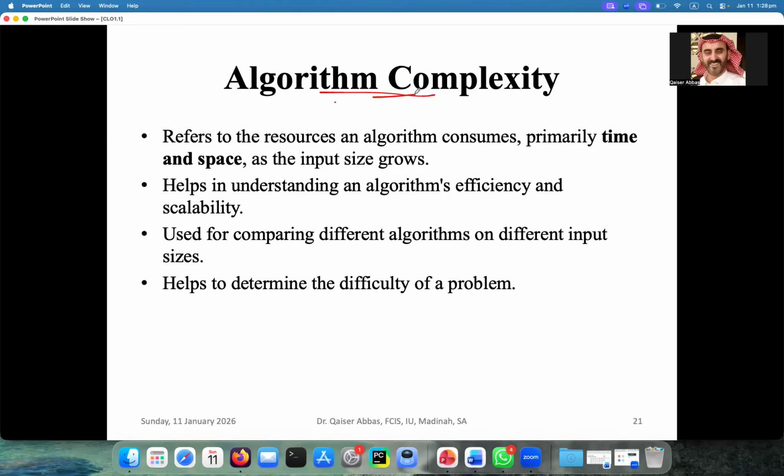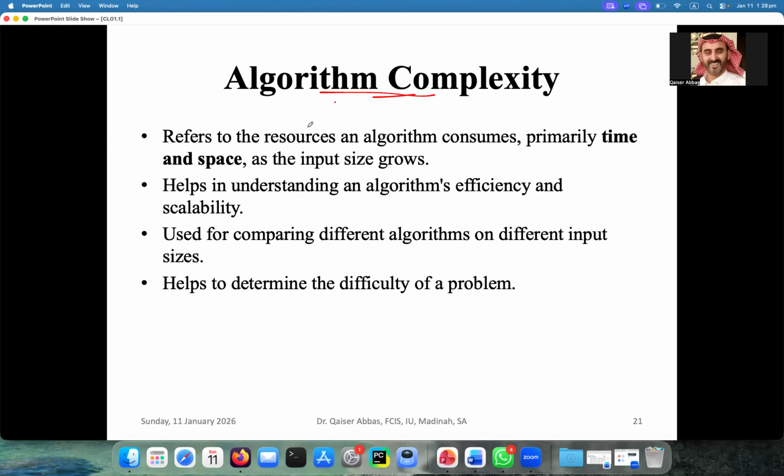For example, when you are considering recursion, you have to consider that recursion has a different approach in calculating complexities. So there are different concepts that you have to consider, and some you don't have to consider. That's why the word resources is used to cover all the concepts.